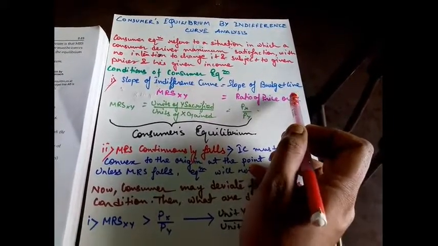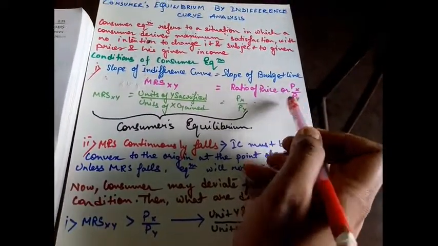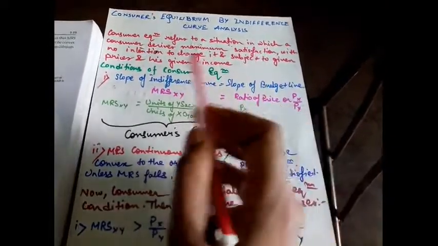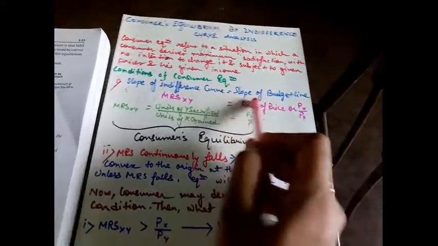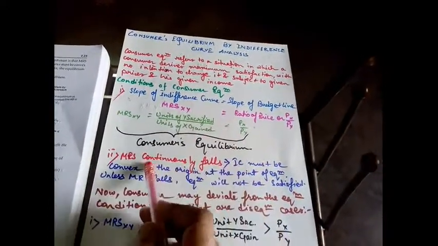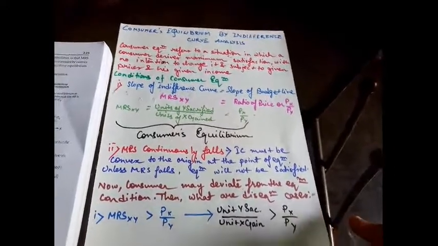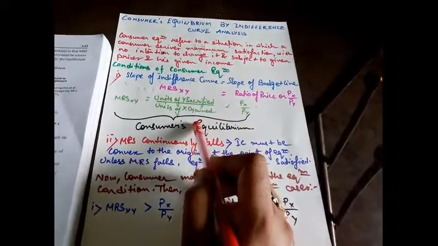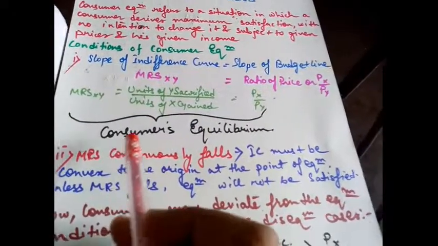So its formula is Px by Py, price of x by price of y. When the slopes of the indifference curve and the budget line are equal, then you can tell that the consumer is in equilibrium. So this is the first condition to prove the equilibrium of the consumer.